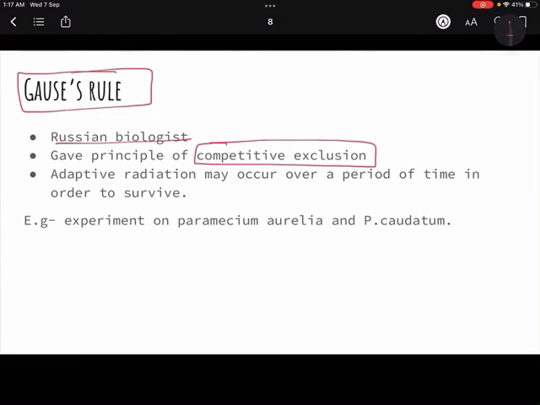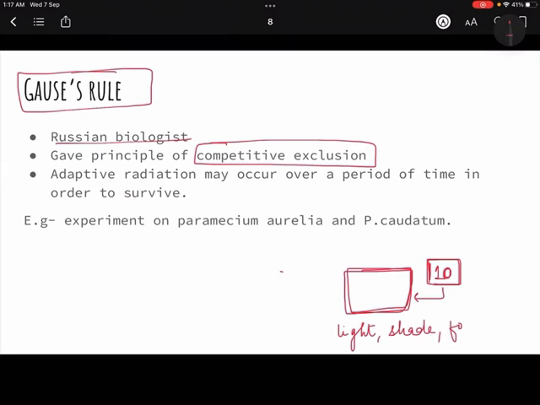Now what he believed was, what is competitive exclusion? For example, this is a forest and there are limited resources in this forest, and there are 10 organisms in this forest. Now they are competing for the same light, shade, food, shelter, which are limited in this forest.